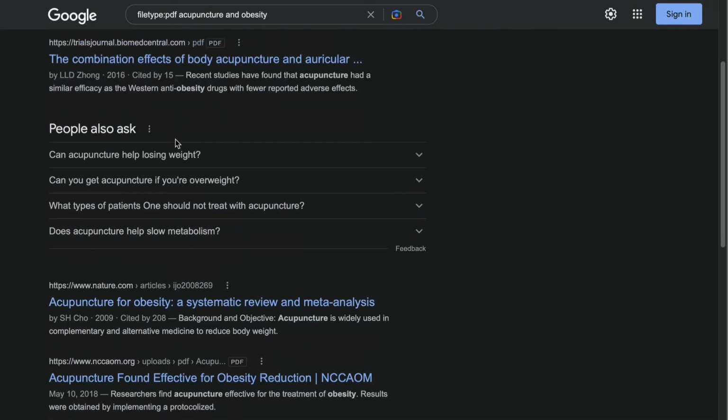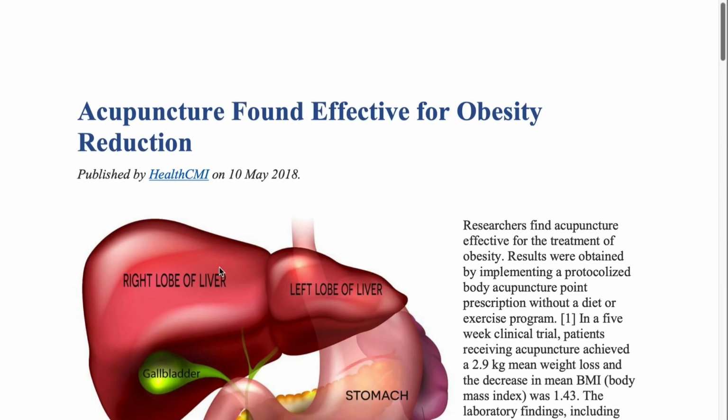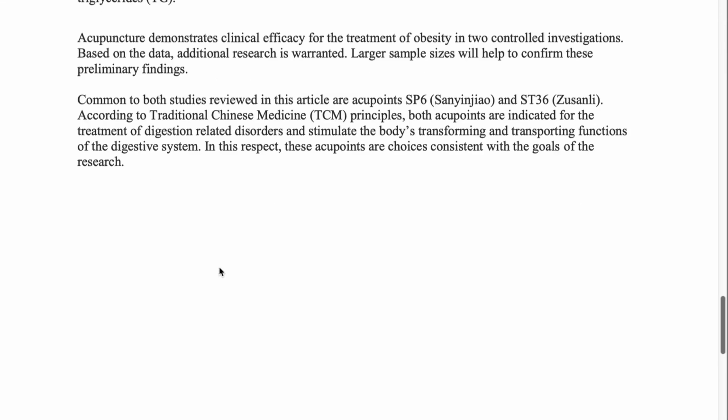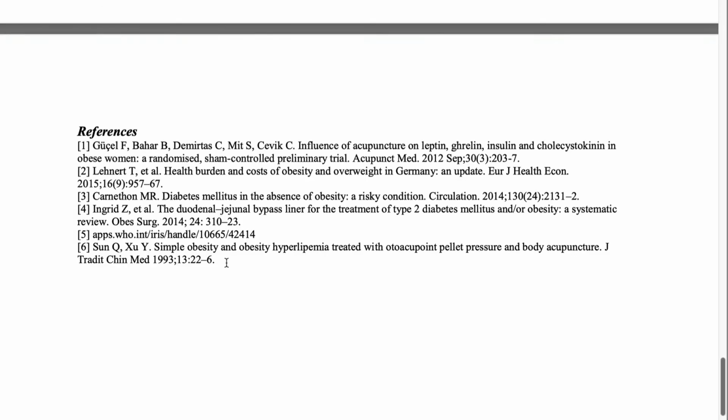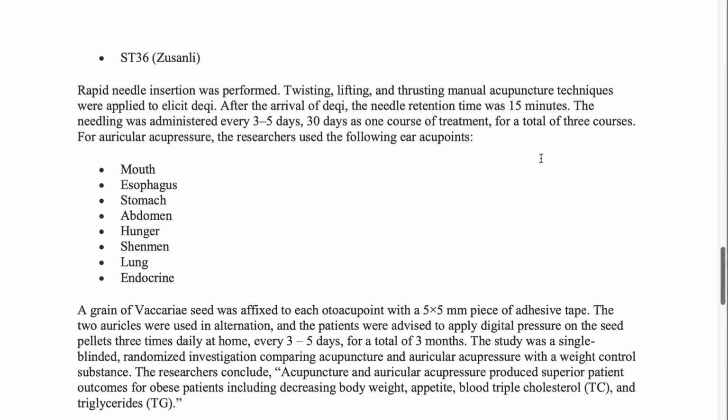Then you will see actually articles like "Acupuncture found effective for obesity reduction" from NCCAOM, our association. So you can get some information, especially when you find these informations. Please check these references, and you can dig into this article more with these articles the author used in this article.